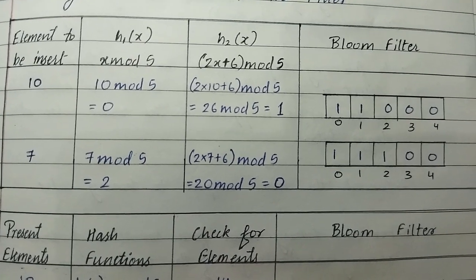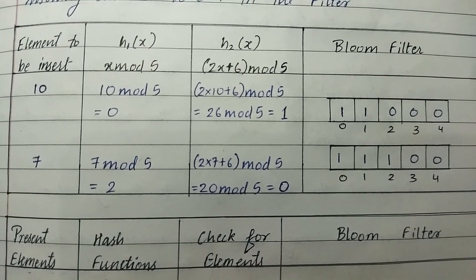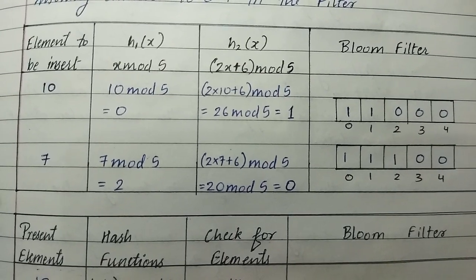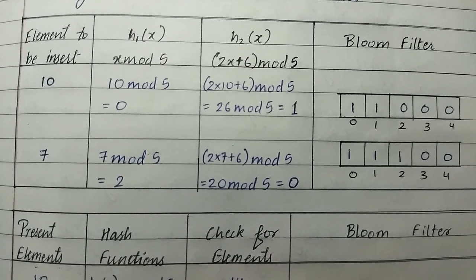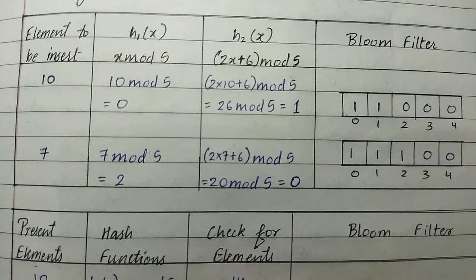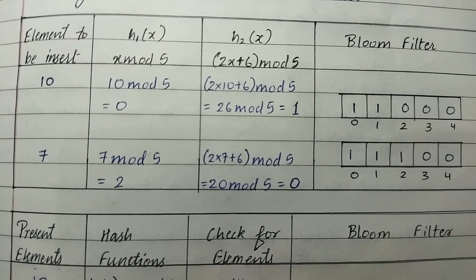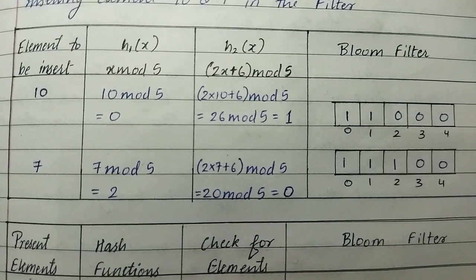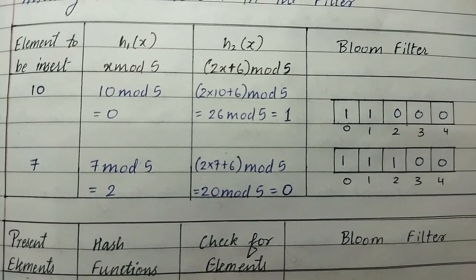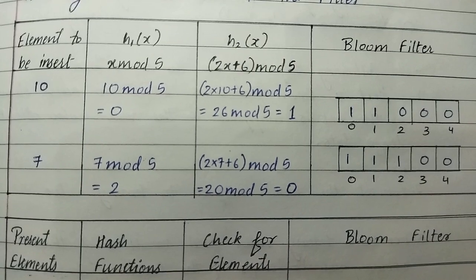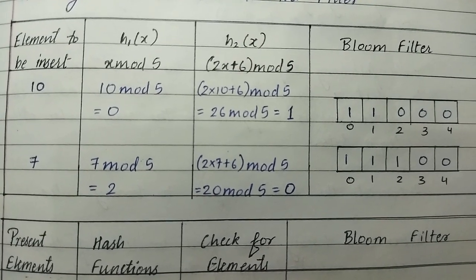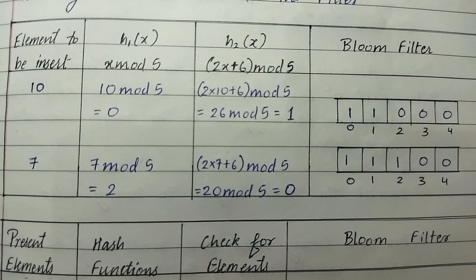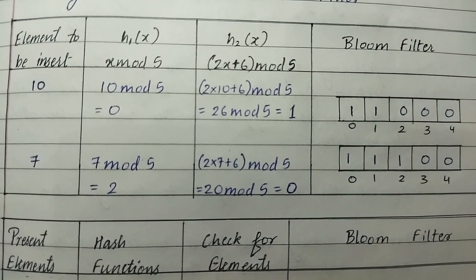So according to the hash 1 function for element 10, the value is 0, so we will replace the value at the 0th index. At the start, the Bloom filter contained all 0 elements in the array. So now after performing the hash functions, as we have got the indexes 0 and 1 for the h1 and h2 functions for 10, we will replace those indexes with bit 1.